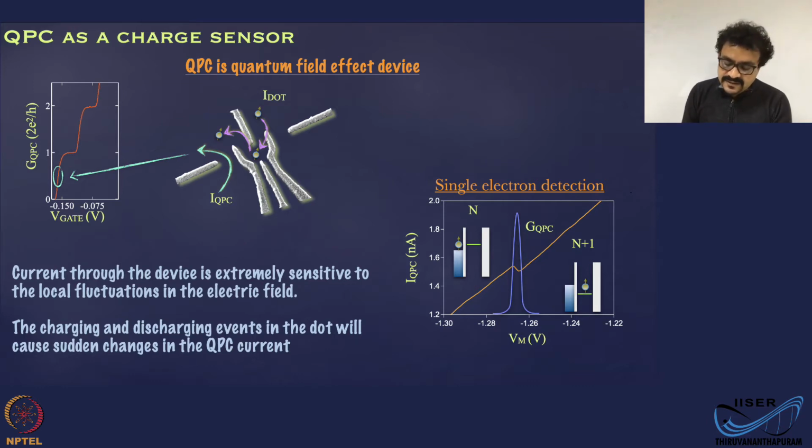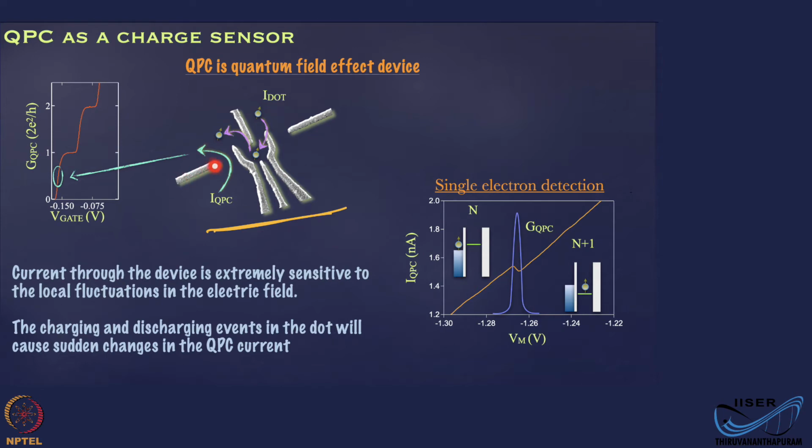So in this configuration, what we have is a gate-defined quantum dot, and this gate on the side and this one on the other side. When you energize these gates, you can define a quantum point contact or a thin channel on both sides. This side also you can define a thin channel. This is also another quantum point contact where the current I_QPC is really sensitive to the local variations in the electric field.